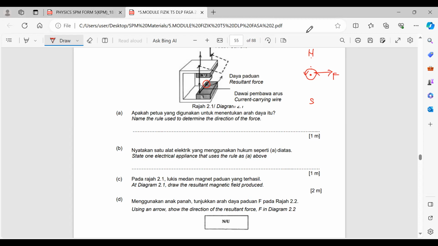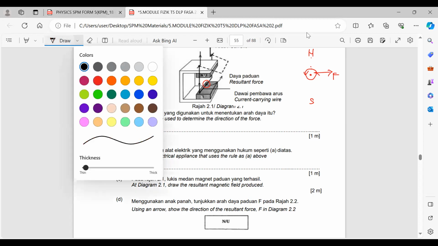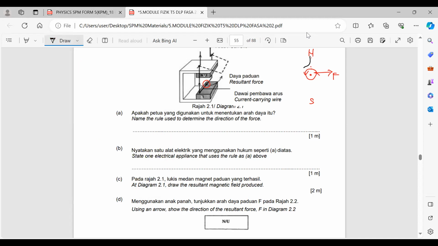So the magnetic field, I'm expecting the magnetic field to be something like this. Okay. So this will be the pattern you are expecting.